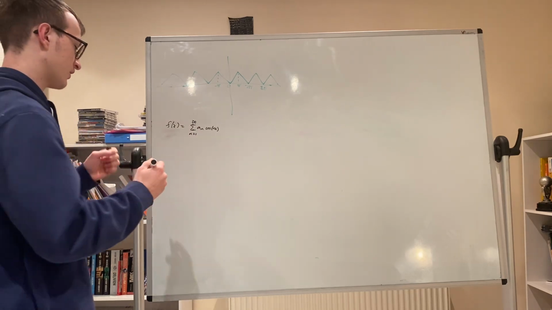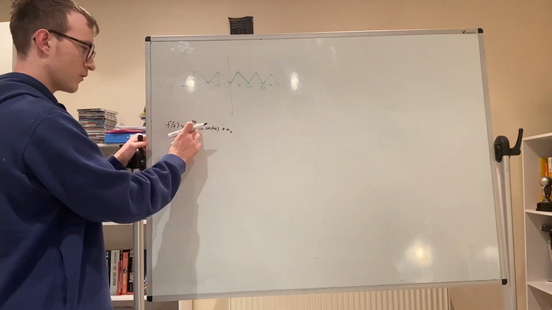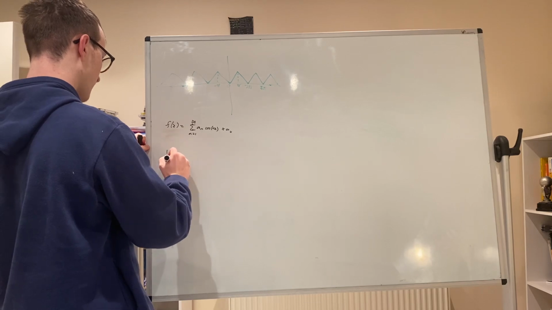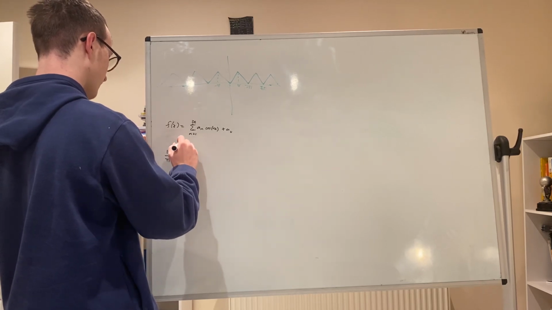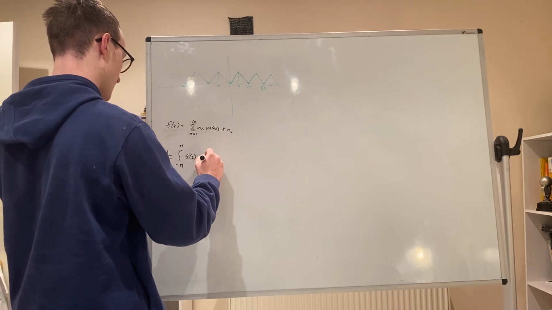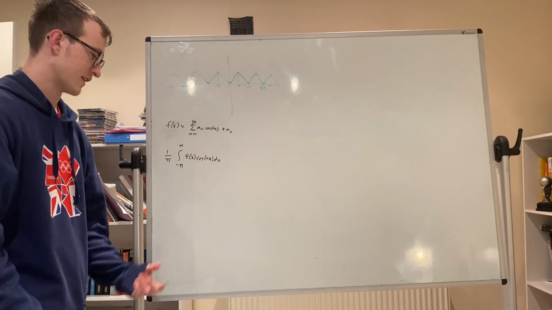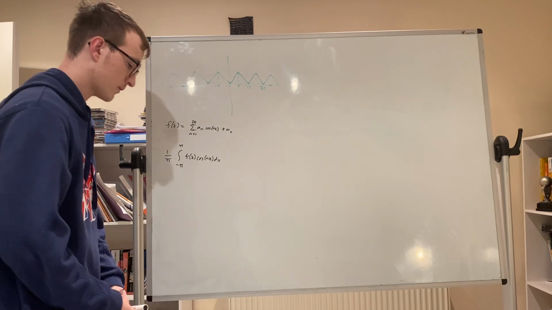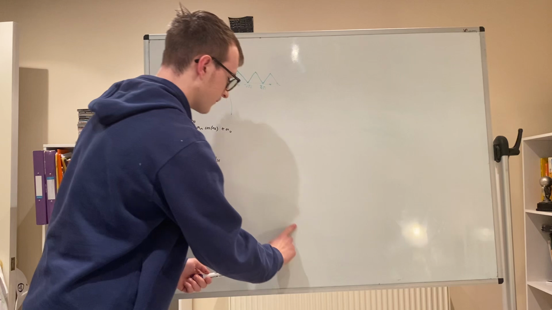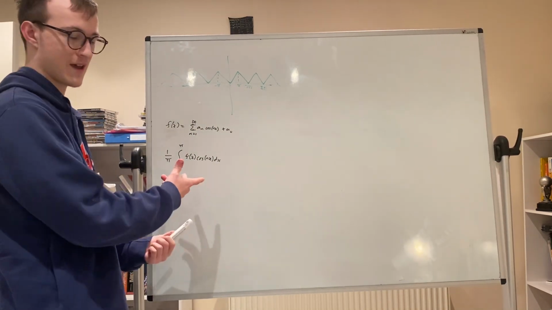The formula for an, when n is not equal to 0, is 1 over pi times the integral from minus pi to pi of f of x times cosine nx dx. I'm sure there's 1 million videos on YouTube explaining why this is true. For this video, I'm assuming that you're either comfortable with Fourier series or you're willing to just accept that this is the formula for an.